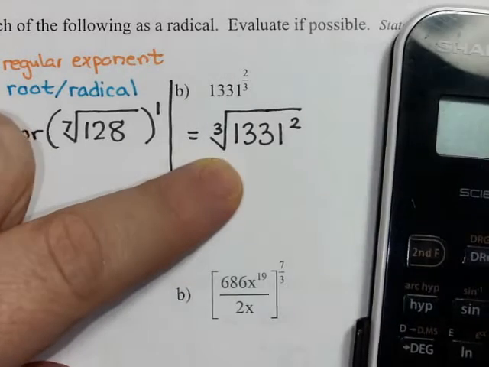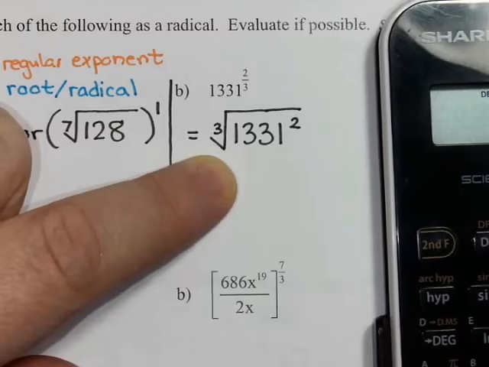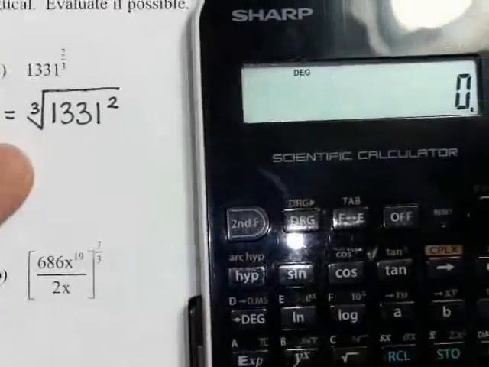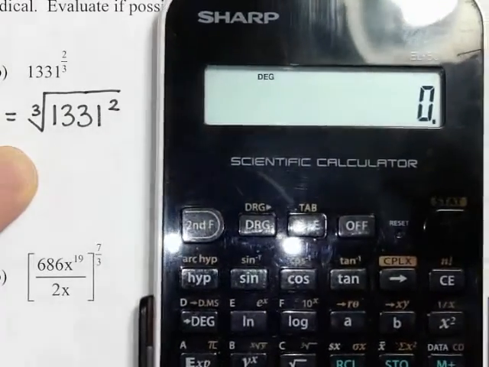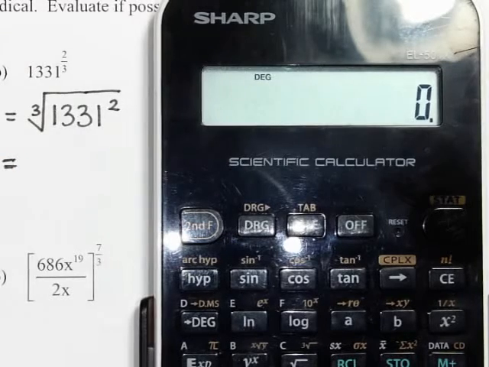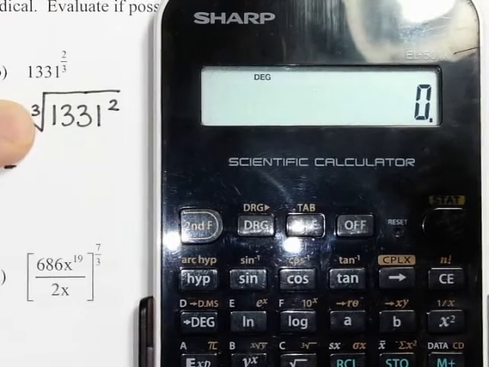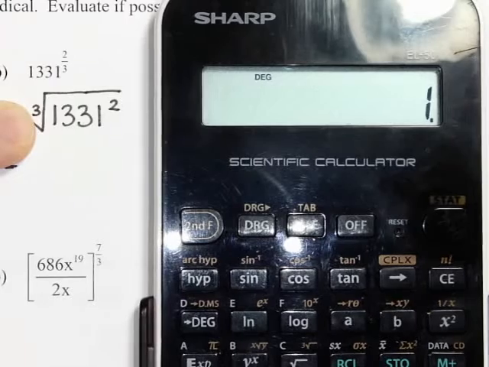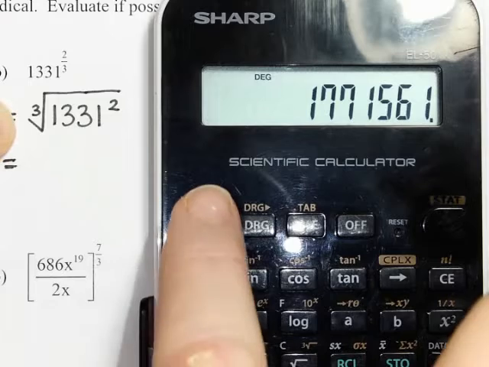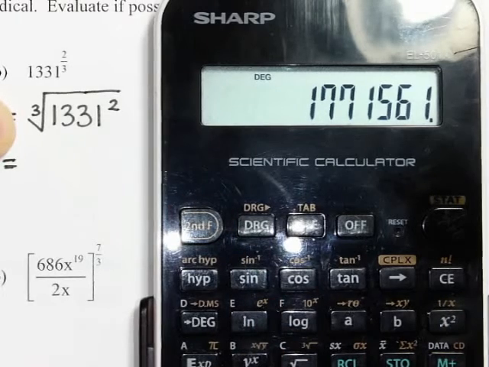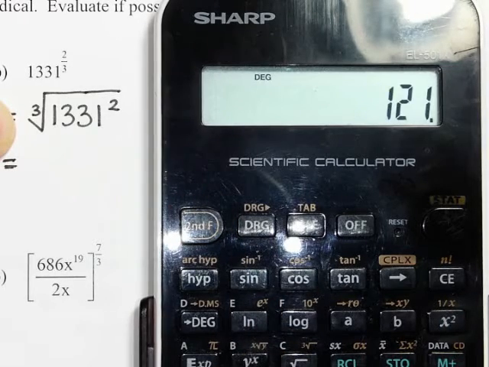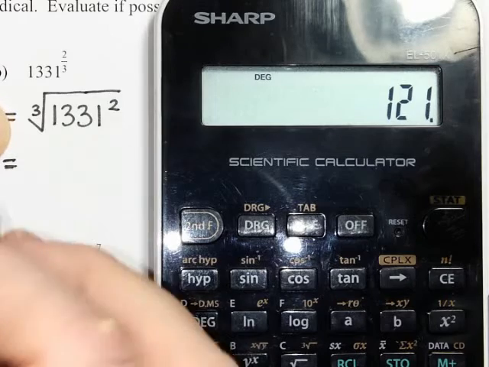I need to do the 3rd root of 1,331 squared. So I would do 1,331 squared first, and then second exponent 3, and I get an answer of 121.